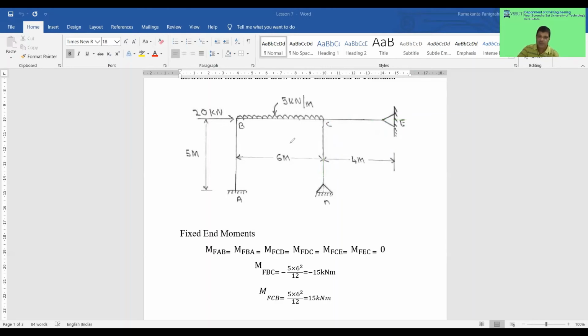Let us solve this problem. Here the span is 6 meters, and here the span is 4 meters. Now you see in the spans AB, CD and CE, there is no loading anywhere.